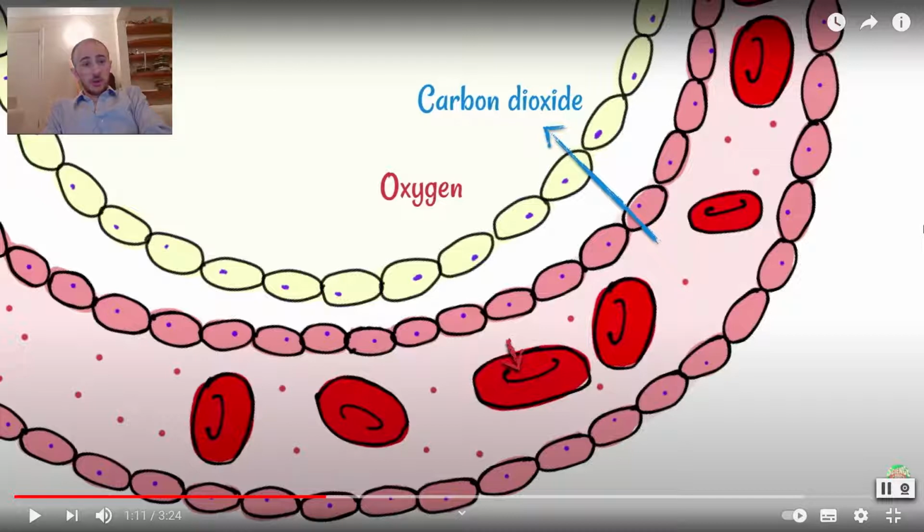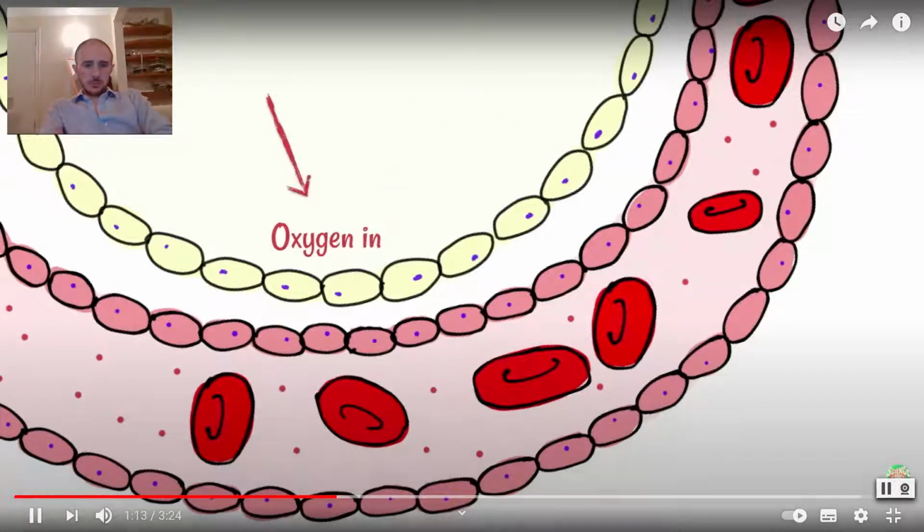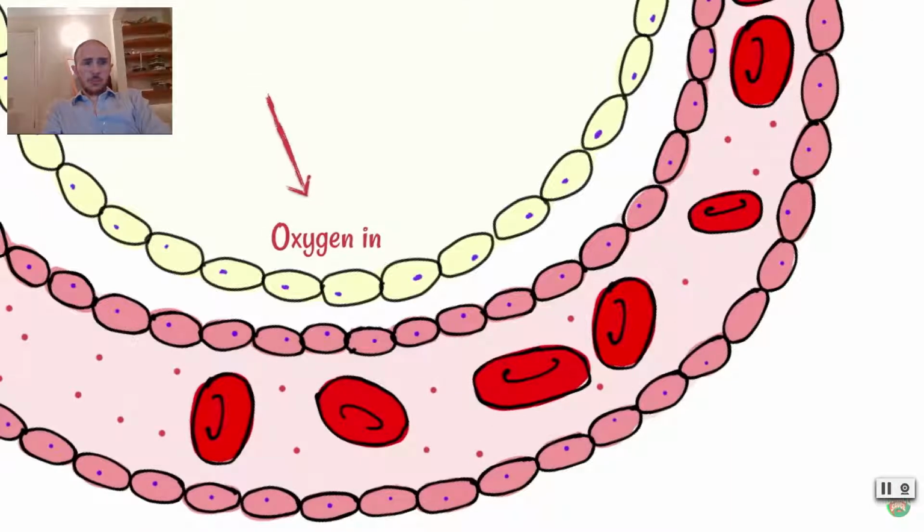But you have a lot of oxygen in your alveolus because you keep breathing it in. There's a lot of carbon dioxide in the blood because that's what's made when you do respiration. There's almost no carbon dioxide in the alveolus because there's very little in the air. So there's a higher concentration of carbon dioxide in the blood than the alveolus, so it moves into the alveolus. Now then, oxygen, as we've already said, is constantly being supplied.